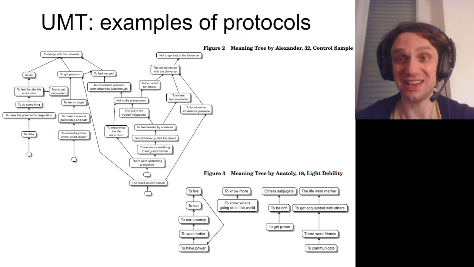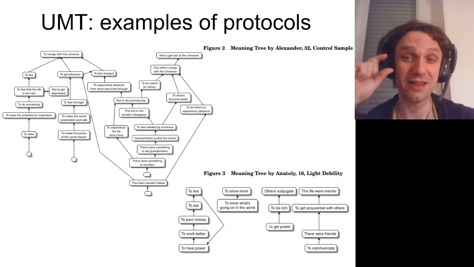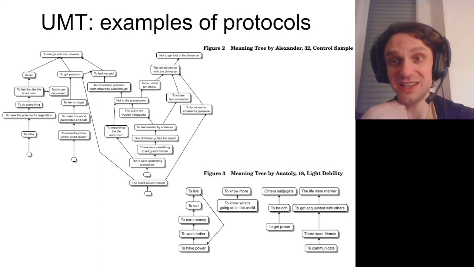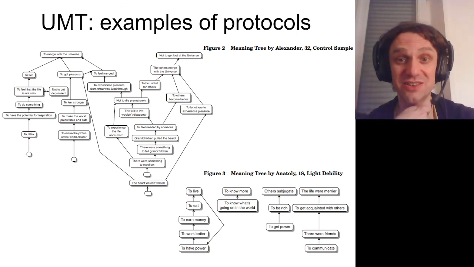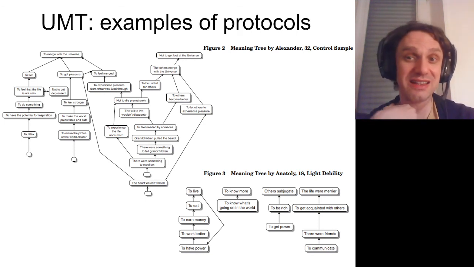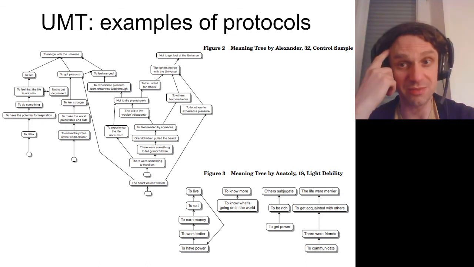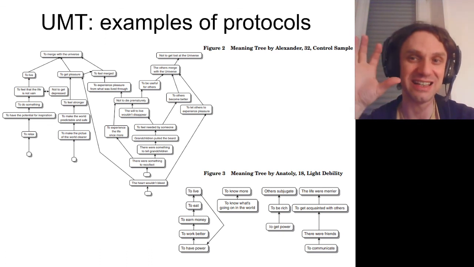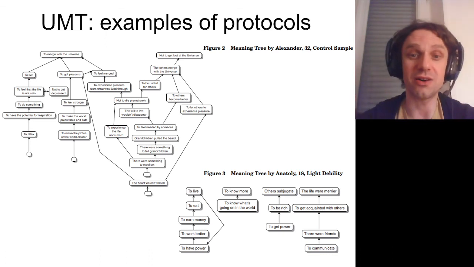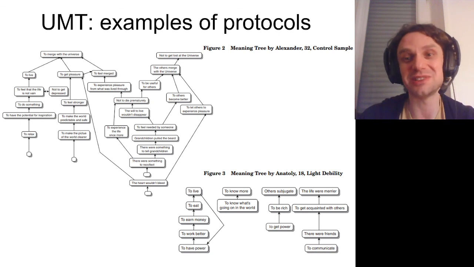And when you analyze this, you can calculate some quantitative characteristics of this tree, how many nodes are there, what is its structure, but also you can interpret it qualitatively from the point of content and from the point of just structure. Is it connected? Is it integrated? Or maybe there are different motivational systems.